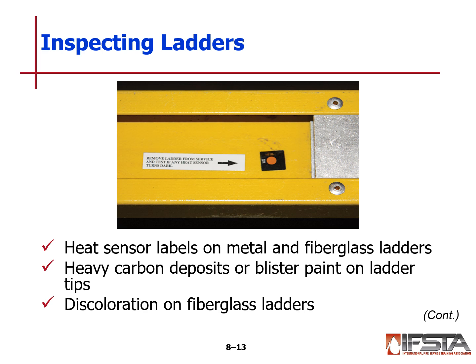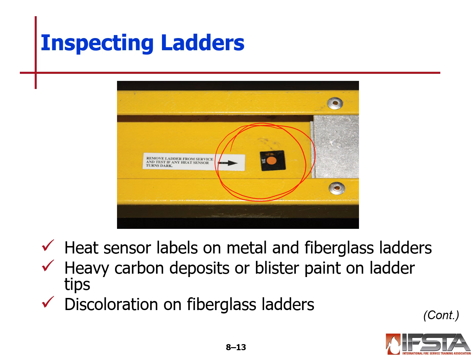Next, we want to talk about this guy right here, which is our heat sensor label. They're kind of small and they look orange in the center. These are heat sensor labels, and they are placed on both metal and fiberglass ladders. When heavy carbon deposits and blisters appear on the ladder tips, it can get hot enough to change the discoloration in these.